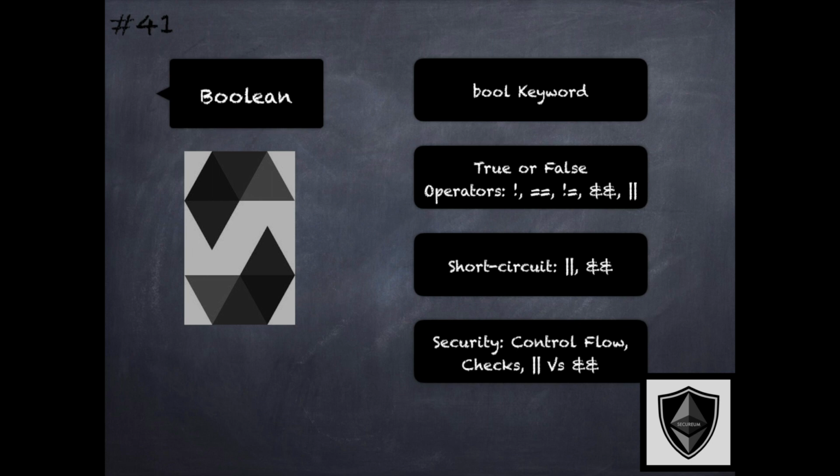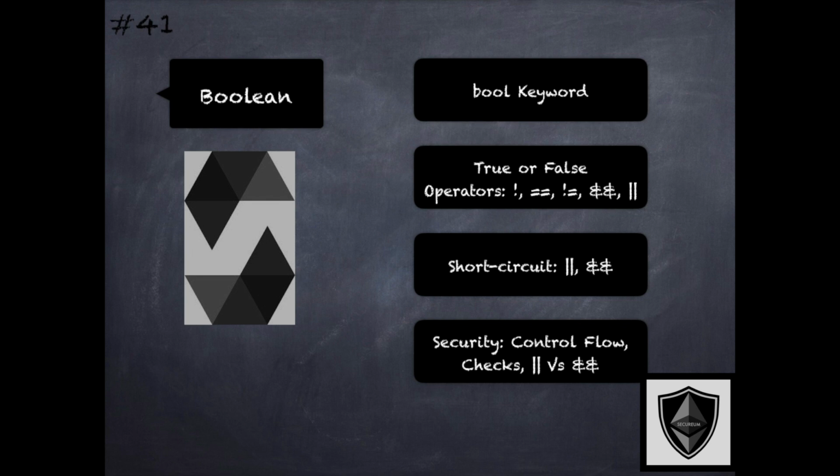From a security perspective, booleans are used significantly in smart contract functions for various conditionals and evaluations of expressions. So this affects the control flow, and specifically when it comes to certain checks, access control checks. There have been cases where booleans have been used and the wrong operator has been used in those checks.